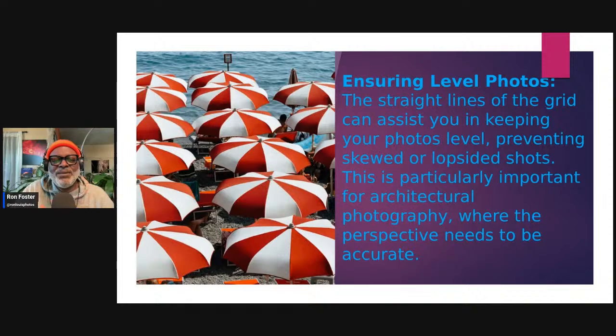This is particularly important for architectural photography where the perspective needs to be accurate. Also, not only the horizon lines, but what's really nice is when I'm taking pictures of the city. I love photographing the city during what's called the blue hour. That's the best time to take pictures of architecture.